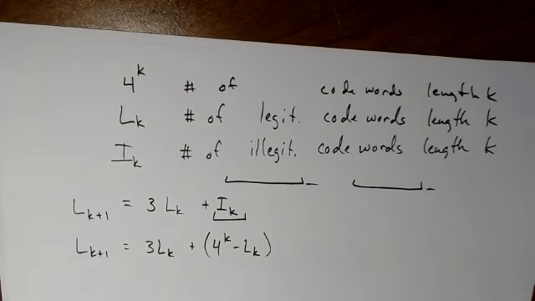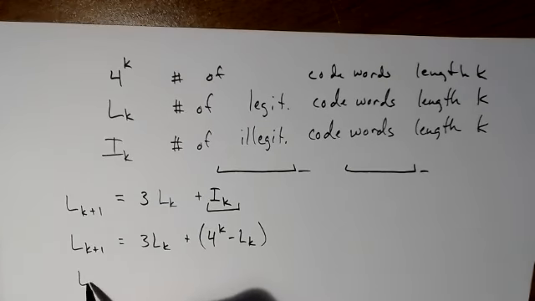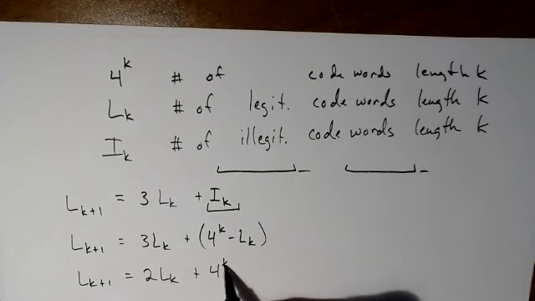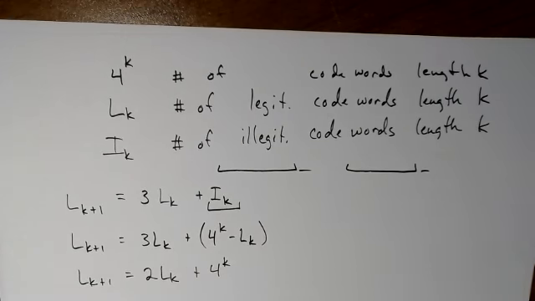And so we can write this as L_{k+1} equals 2 L_k plus 4 to the k. And then we need our initial condition.